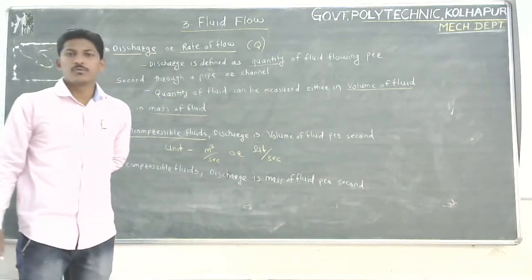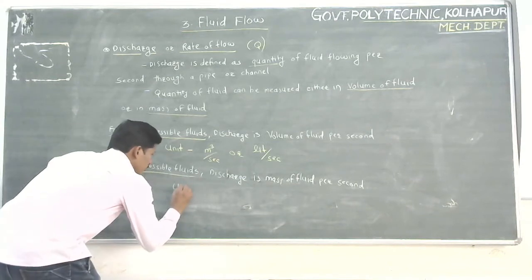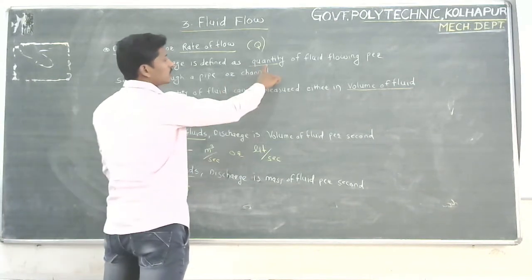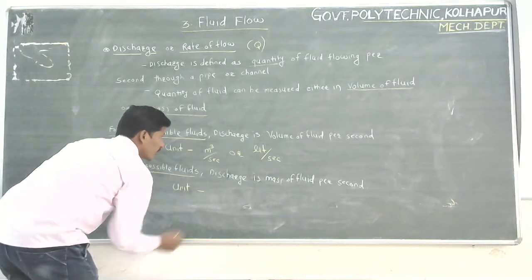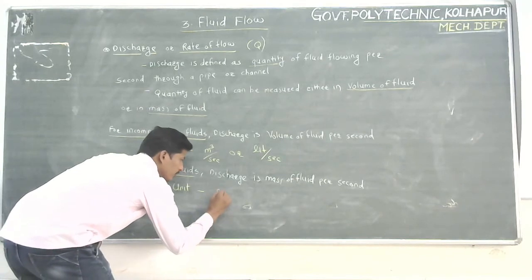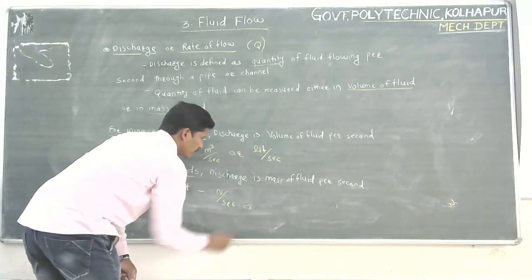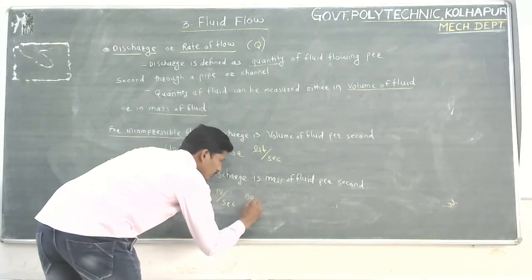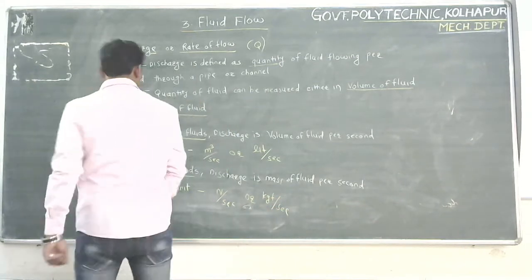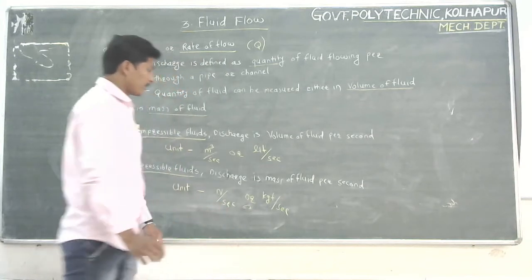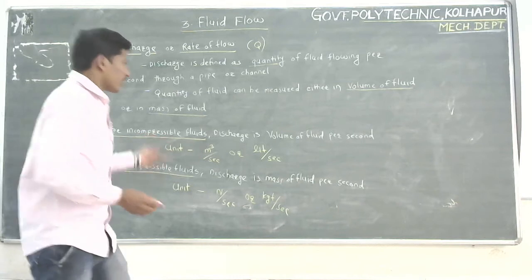Now, what will be the unit for compressible fluids? As we are considering the quantity as a mass of fluid, the unit will be Newton per second, or you can say kgf per second.